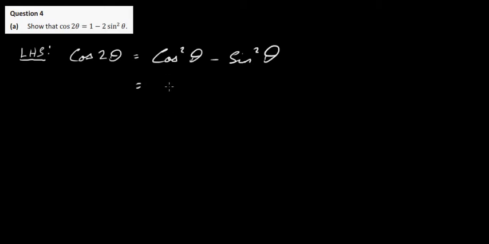Again, from your tables, your trig identities, you can see that cos squared theta is 1 minus sine squared theta. So cos squared is just 1 minus sine squared, and we have our sine squared here.